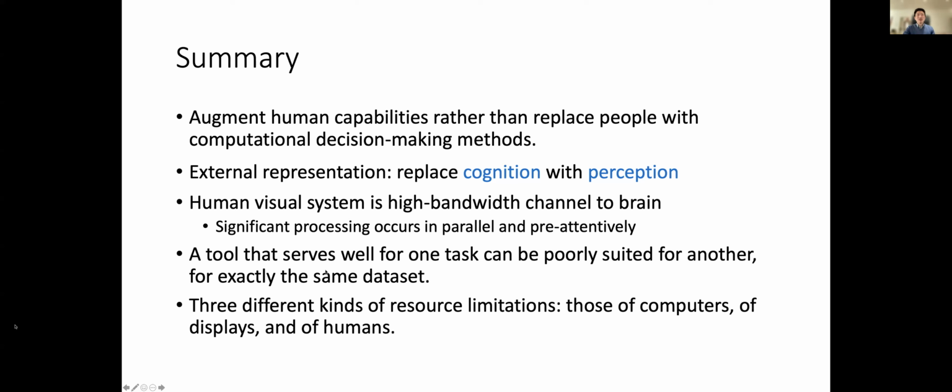Usually the human limitation is the most restrictive one. We can only see a few hundred, maybe up to 1,000 data points, and anything more than that becomes too many. That limit is usually way below what the display or the computer can process. They can usually process a much larger number.